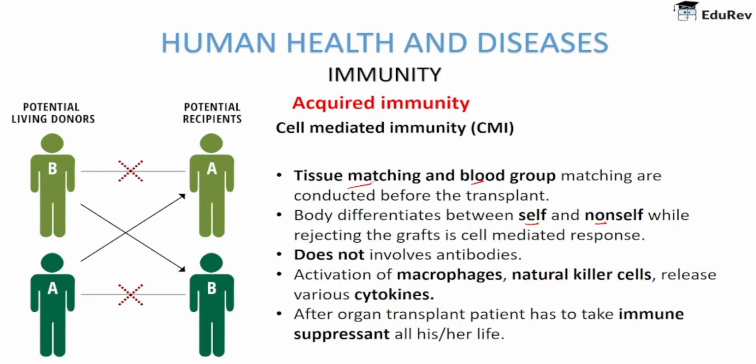But here the thing is, unlike humoral immune response, CMI, the cell-mediated immunity, does not involve the antibodies, but it activates the various cells such as macrophages, natural killer cells, and they also release the various cytokines.